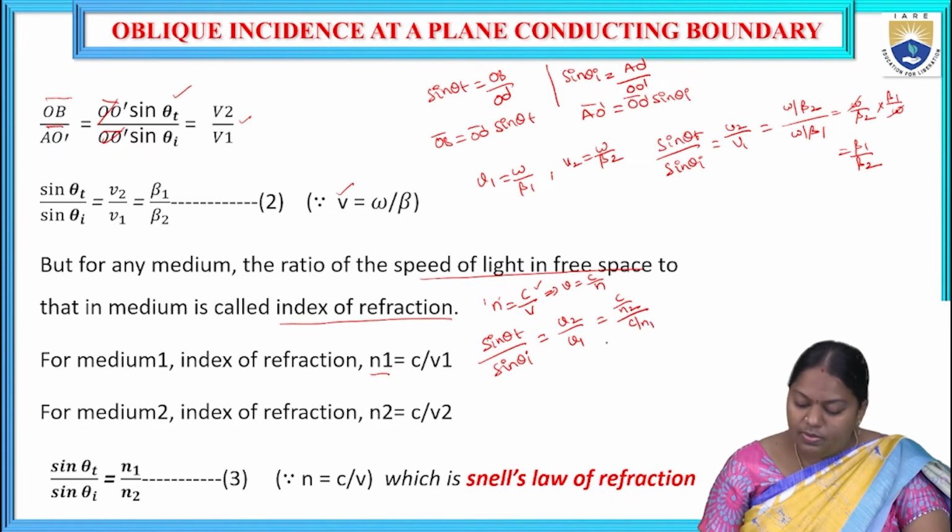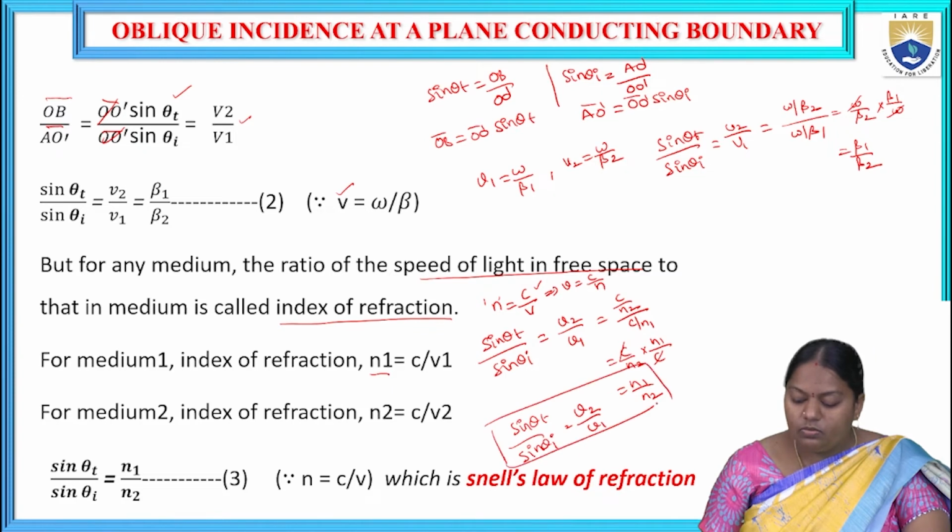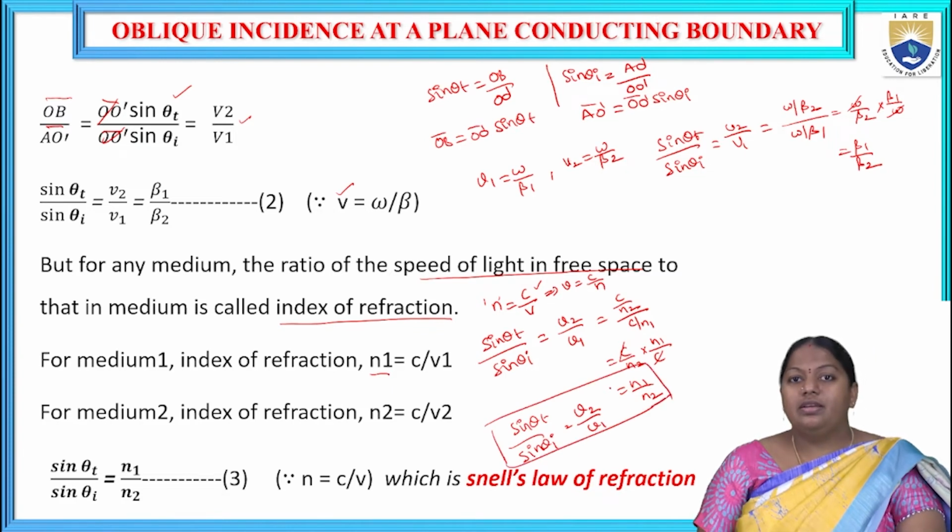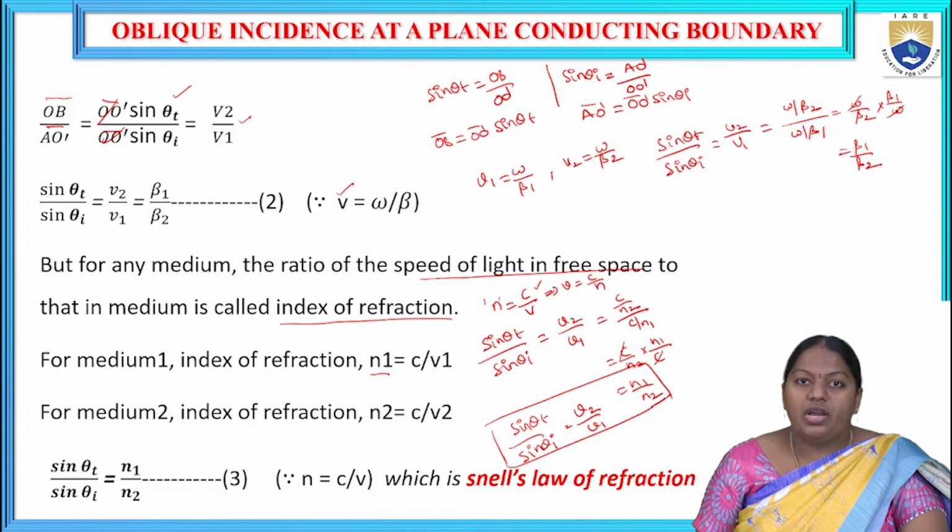If you simplify, c by n2 into n1 by c, then c gets cancelled, and we obtain n1 by n2. So sine theta t by sine theta I equal to v2 by v1 equal to n1 by n2. What is this n here? n is nothing but the index of refraction.